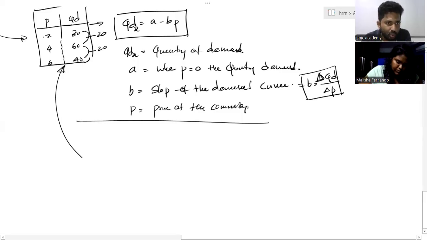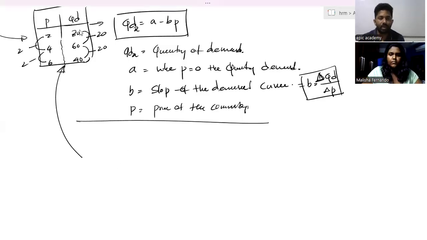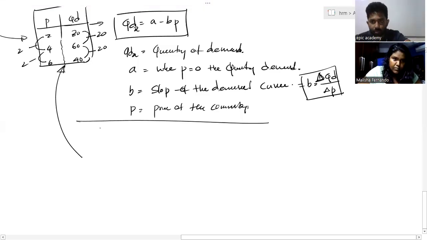Between this 2 and 6, delta P is 2. Delta P is 2. Something like that. Okay. Right. Now we are going to create the equation for that schedule. Then copy that schedule into your notebook. I mean P 2, 4, 6, QD 80, 60, 40. Okay.